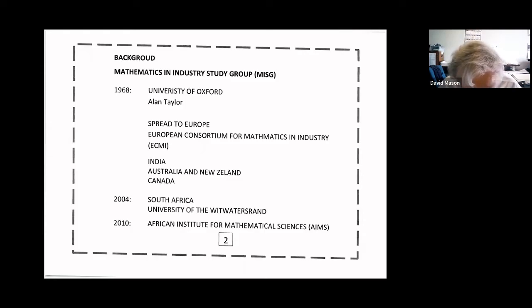In South Africa, the first study group was held in 2004 at the University of the Witwatersrand, and we continued at the University of the Witwatersrand each year until 2010, when we started alternating with AIMS in Cape Town.